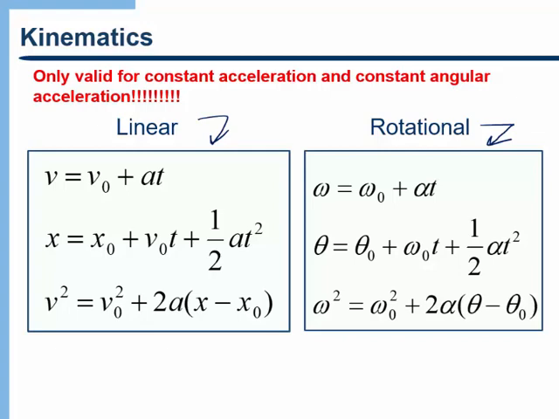Remember, though, that our linear kinematic equations are only valid if we have constant acceleration. And therefore, our rotational kinematic equations have the exact same constraint. We can only use them if alpha is constant. So if the angular acceleration is constant, then we can use these kinematic equations.